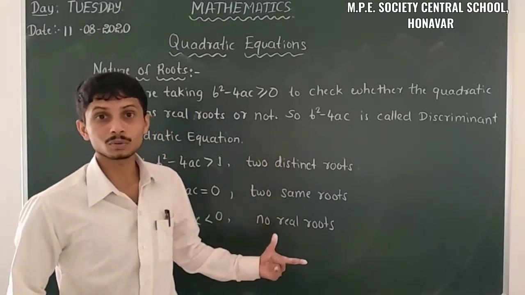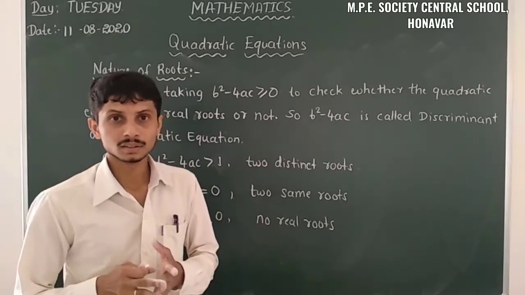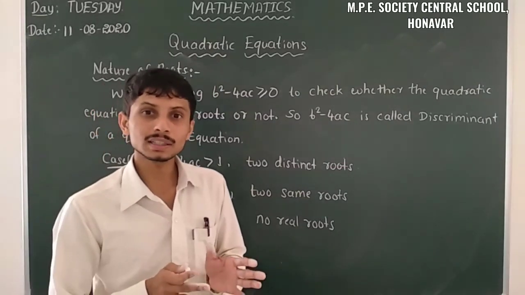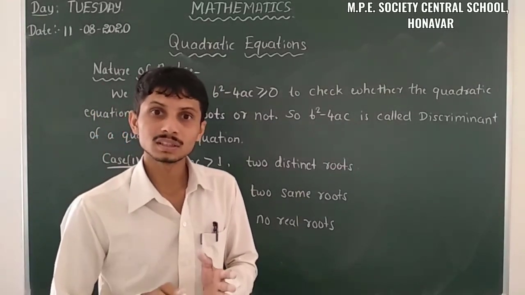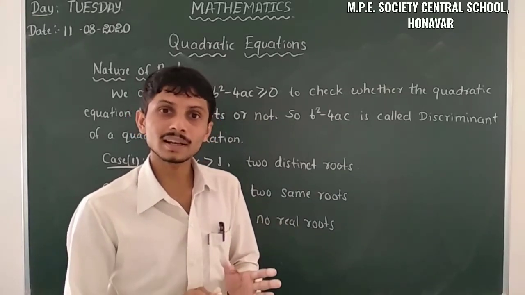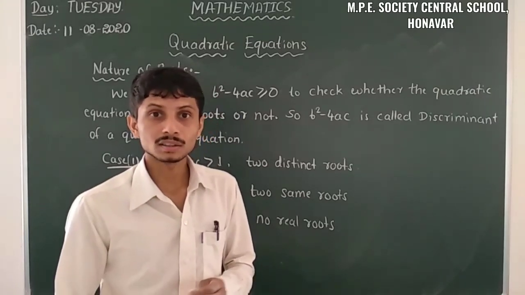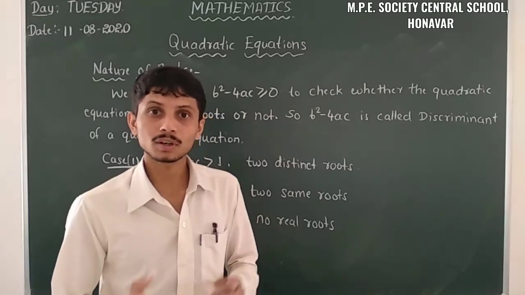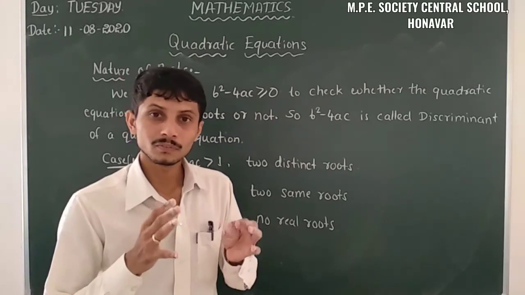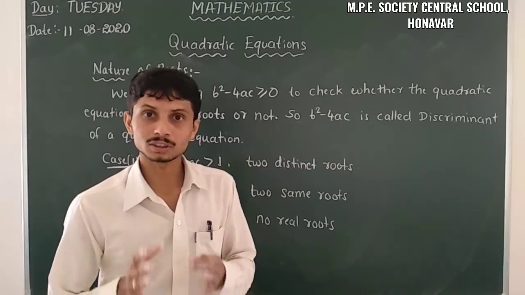I hope you now know about the quadratic formula, the possible roots, and the nature of roots. So how can we analyze the roots here? Given a quadratic equation, firstly we have to analyze whether the quadratic formula is suitable for this quadratic equation or not.